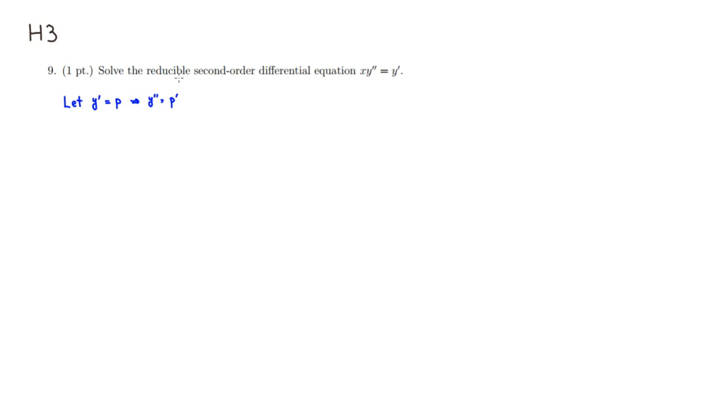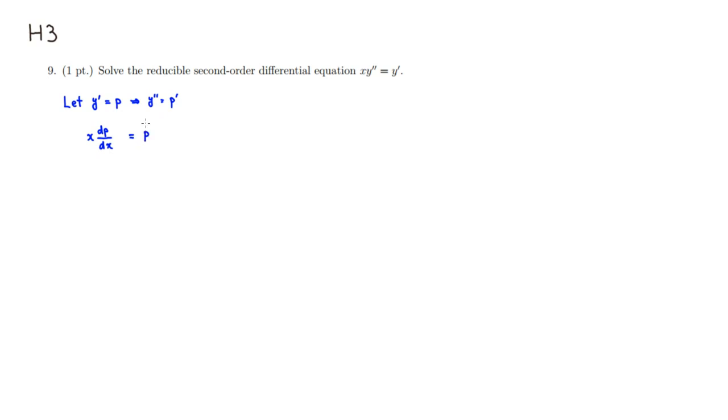So let's rewrite that equation here. We're going to have x there. y double prime is p prime, and I'm going to write it as dp over dx. This is equal to y prime, which is p.